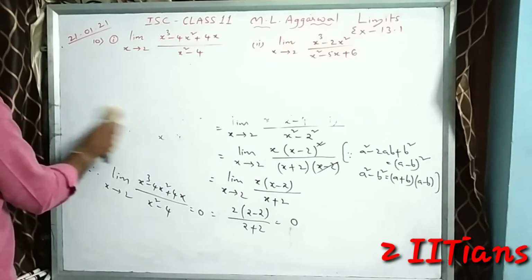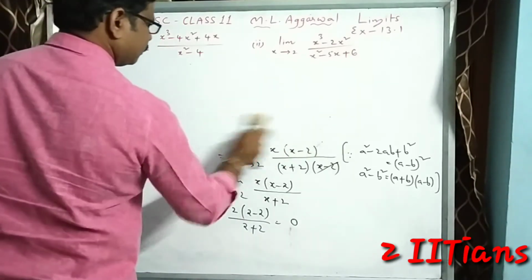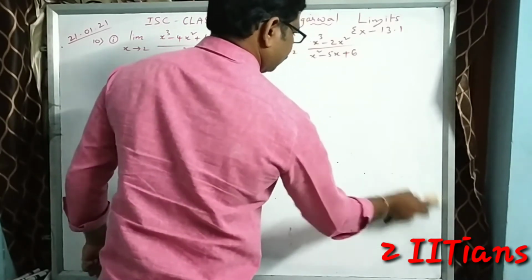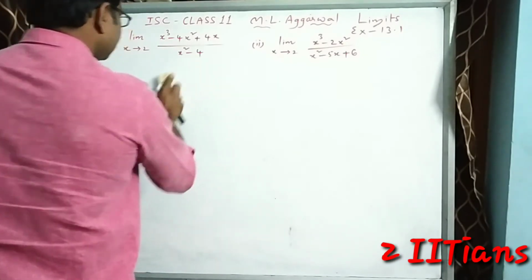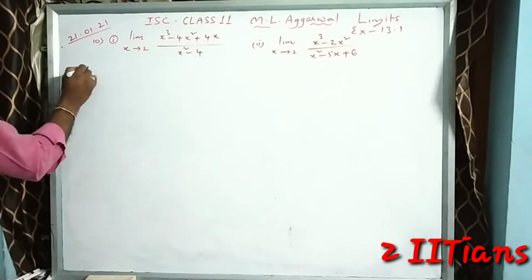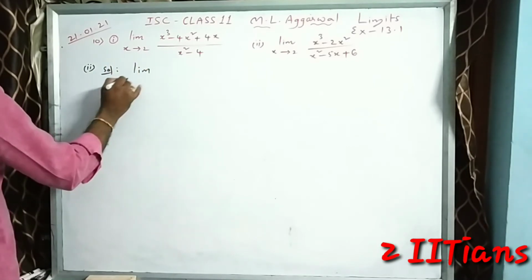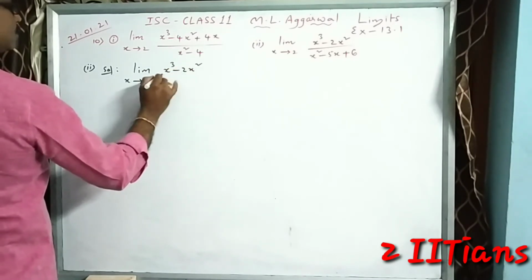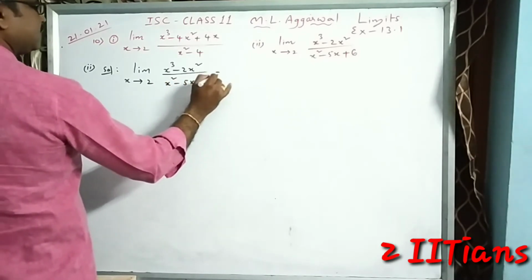Second question, let us see. See the second question. Limit x tends to 2, x cube minus 2x square by x square minus 5x plus 6.